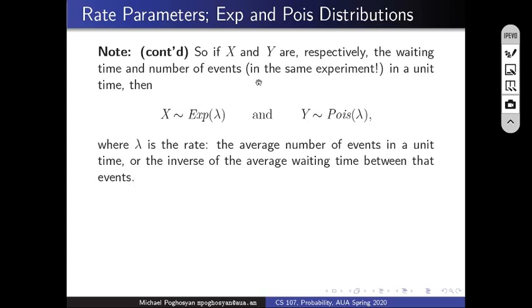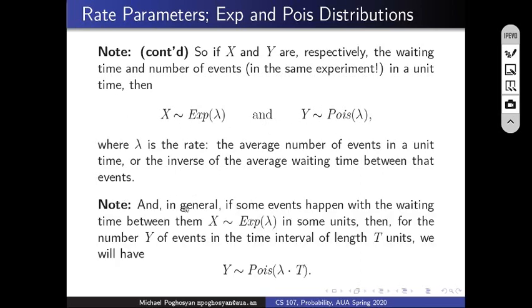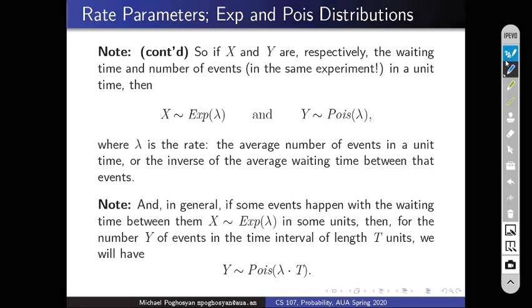Let me just stress that we are talking about the number of events and time between events for the same experiment. Well, we can have different experiments with Poisson and exponential with different parameters, of course. And another note: in general, if some events happen with a waiting time between them x, which is exponential lambda, let me give the timeline.